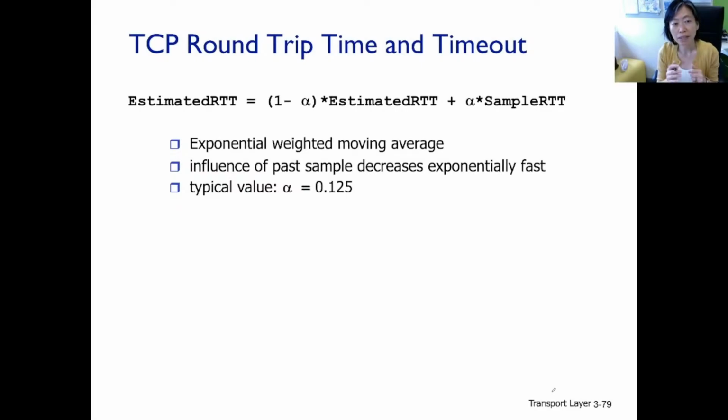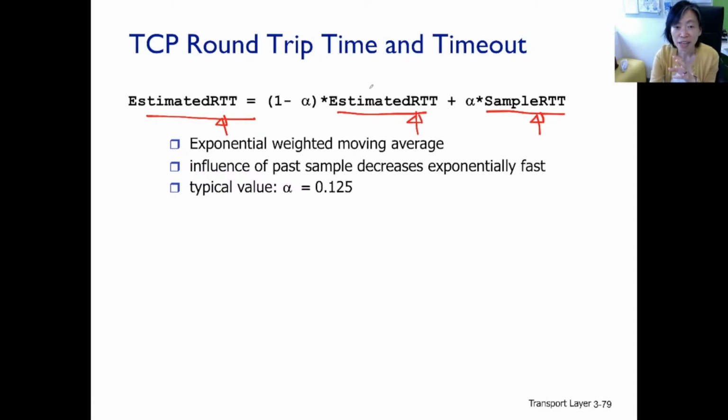So what Polly brings up here is essentially the line of code in TCP's implementation estimating the smoothed RTT. The estimated RTT variable refers to the smoothed RTT. The next smoothed RTT is going to be the current smoothed RTT, taking a weighted sum of that with the current sample RTT.